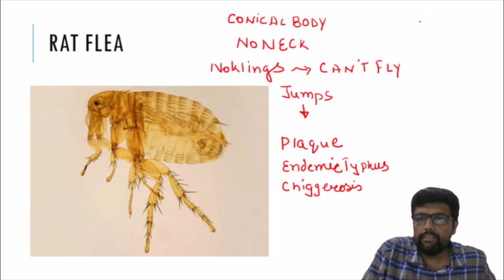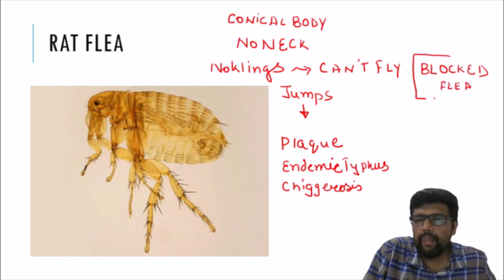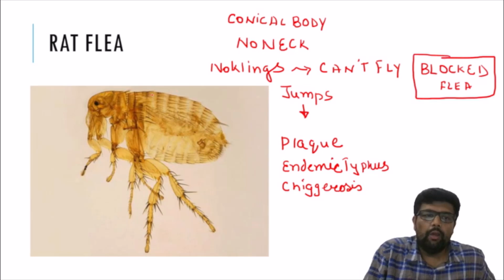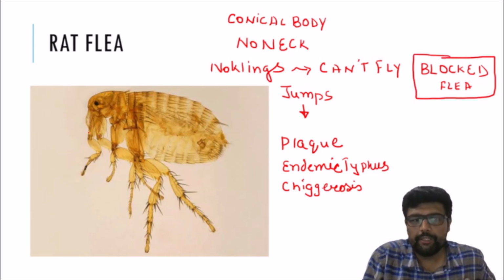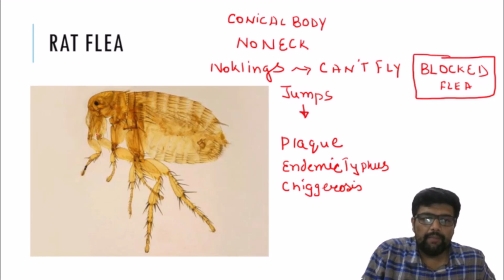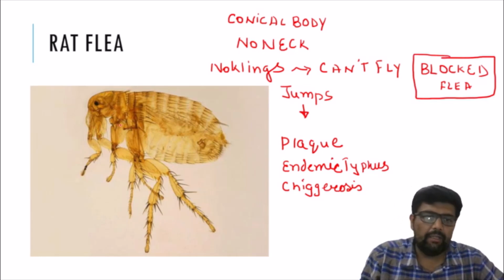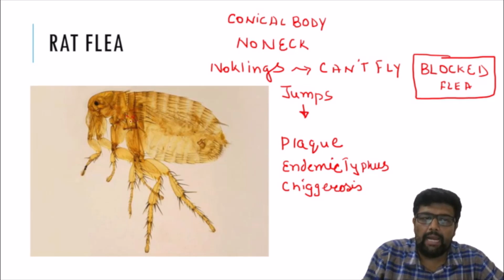There is a concept of blocked flea. What is blocked flea? When this flea bites someone who is a patient of plague, this flea gets some bacteria. These bacteria multiply in the gut, and their multiplication obstructs the gut.